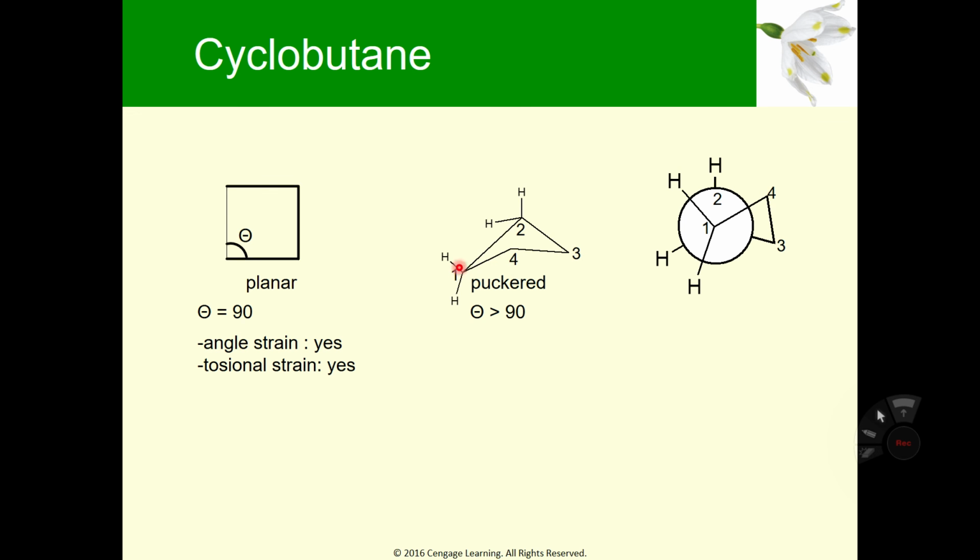All these 4 carbons are not in the same plane; they are out of the plane. By this puckering, they can expand these angles larger than 90, so they lower the angle strain energies like this. Okay, this is the Newman projection of the puckered cyclobutane.